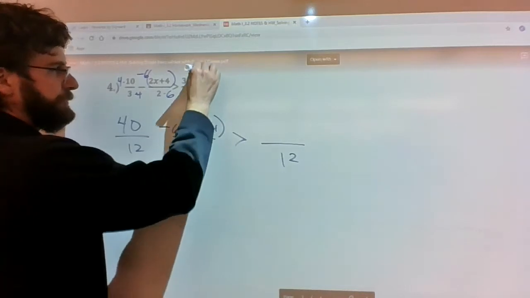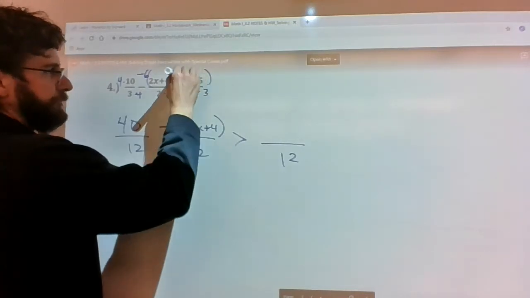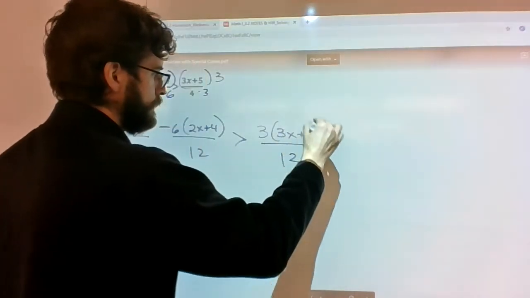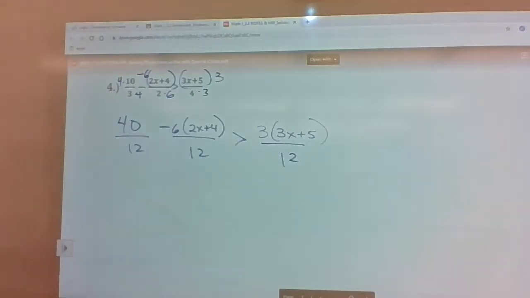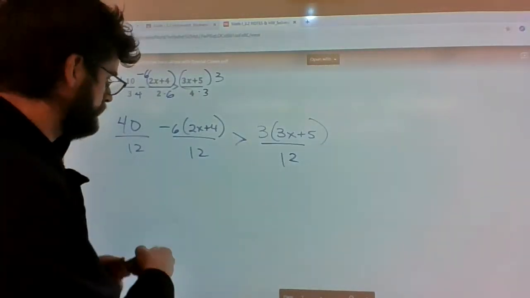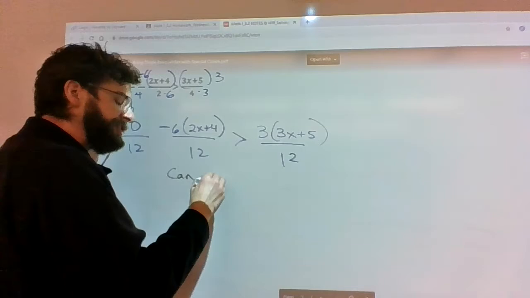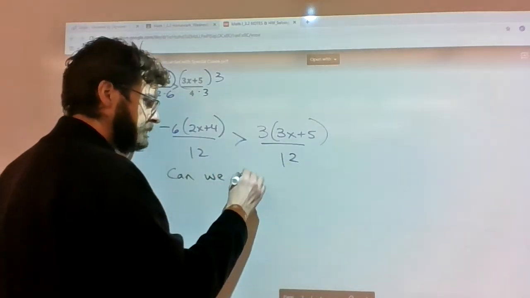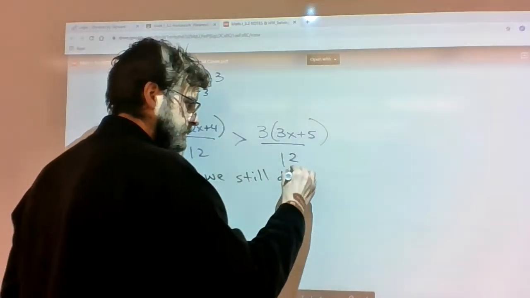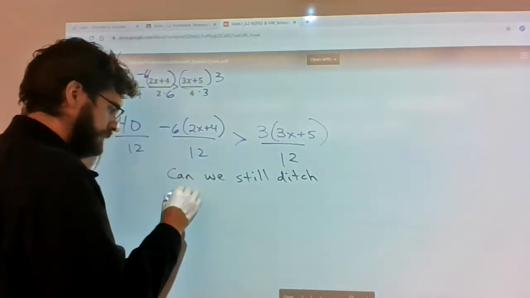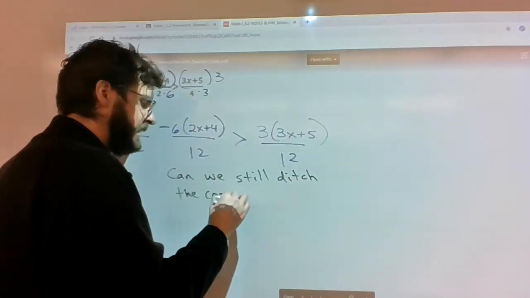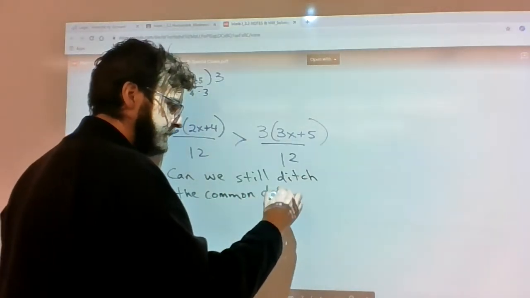And then multiply this by 3. Can we still ditch the 12? Can we still ditch the common denominator?